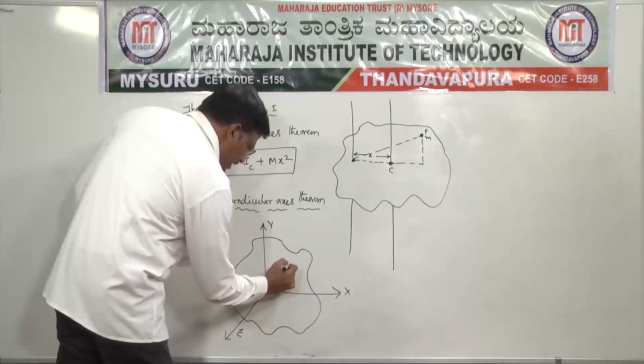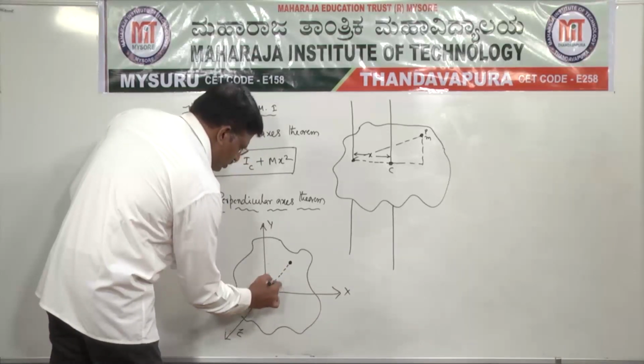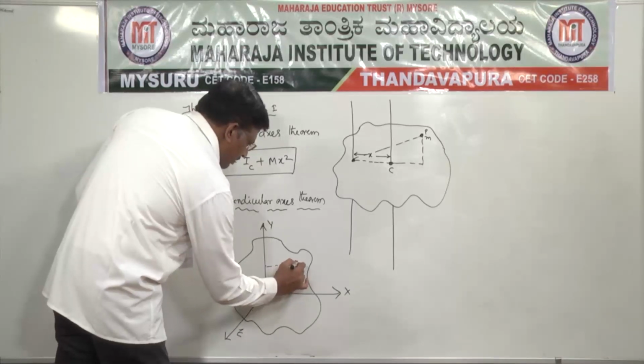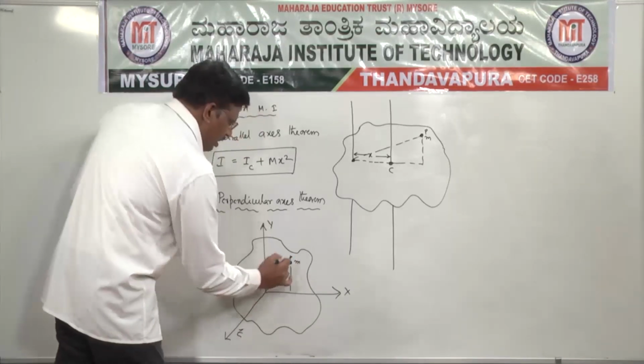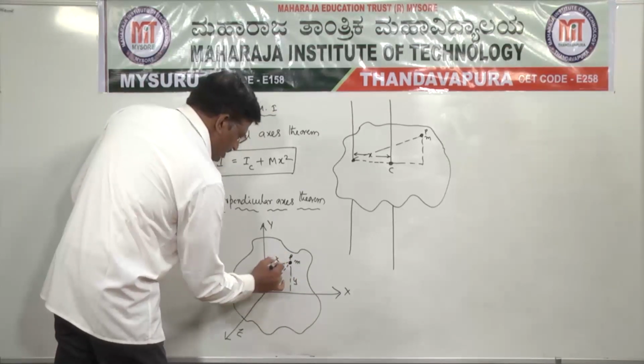Here also, to apply the perpendicular axis theorem, we divide the lamina into small pieces each of mass m, and we imagine one particle P of mass m. It is at a distance y, and this is x.